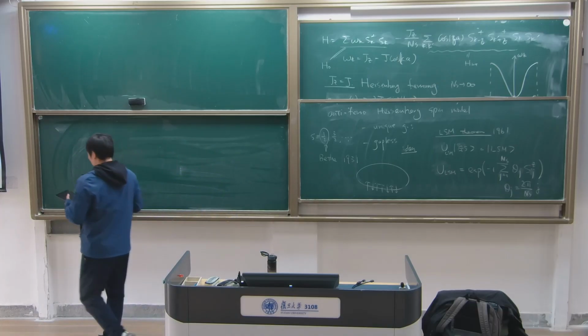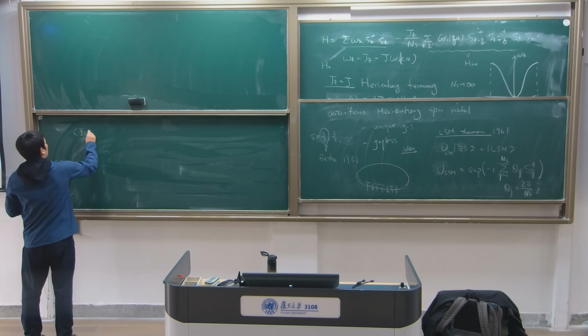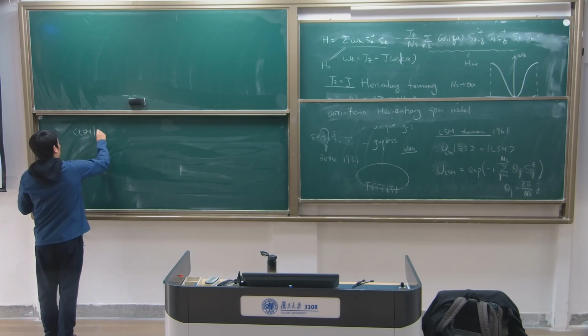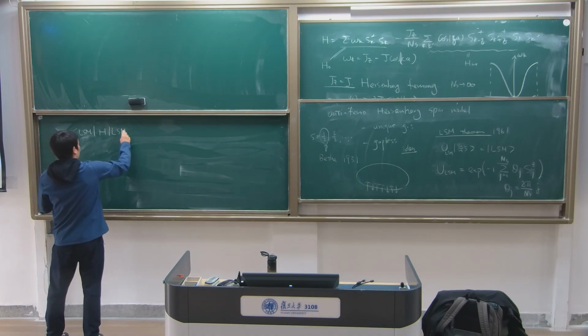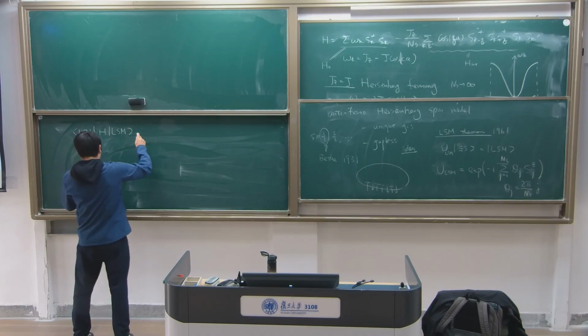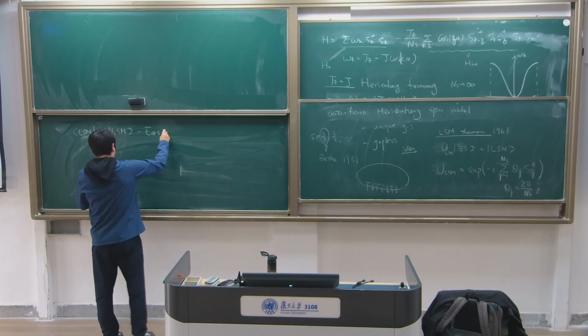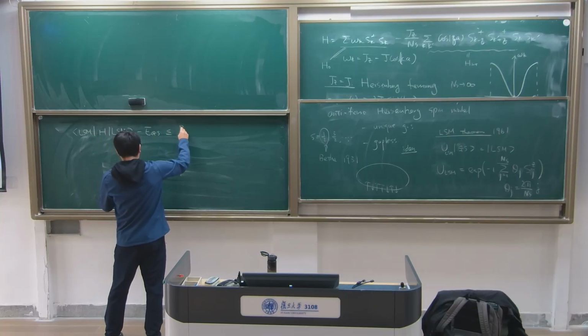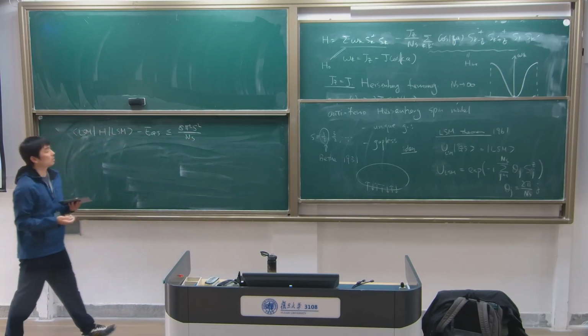So what we're going to show is as follows. We are going to show the phi LSM state with the Hamiltonian of Heisenberg, its energy minus the ground state energy, is less than something like this.